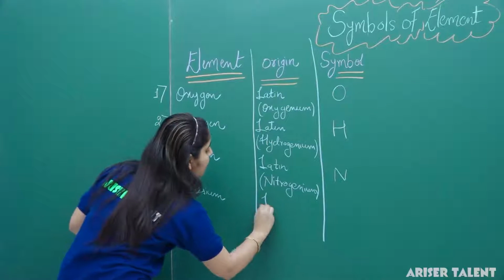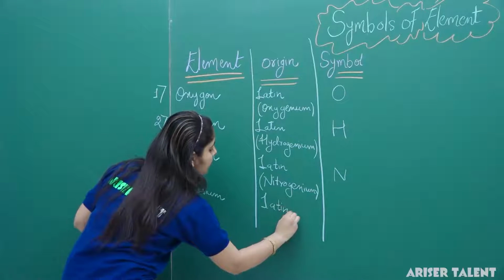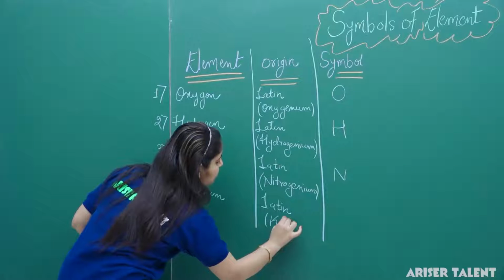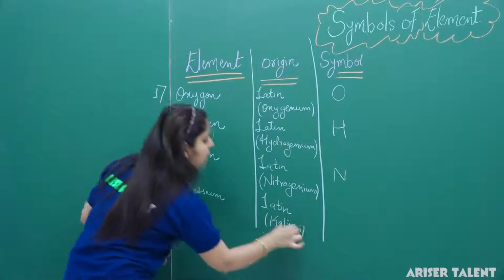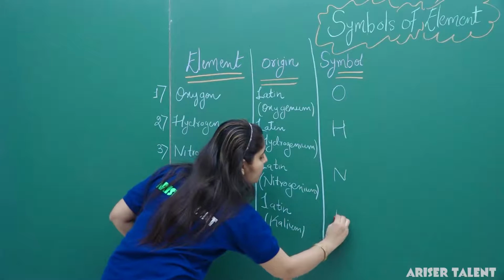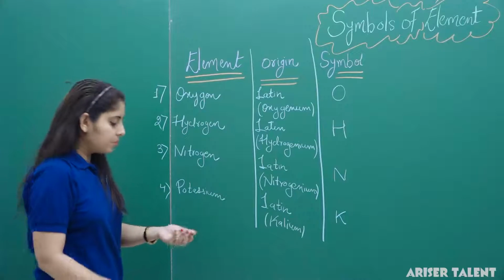Potassium is taken from a Latin word that is kalium, and the symbol for potassium will be K.